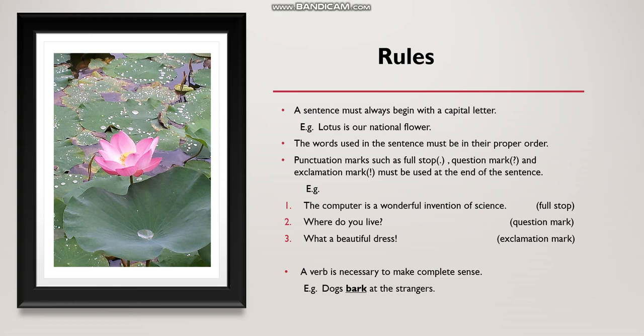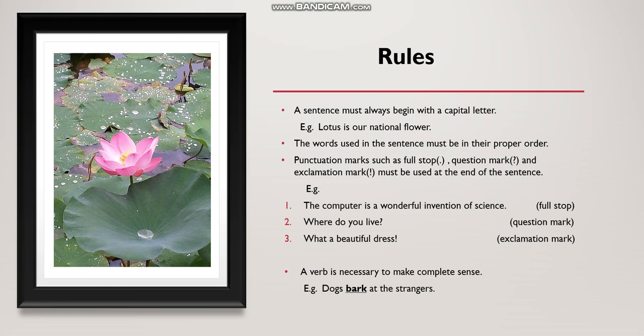Look at the first word, Lotus. It begins with a capital letter. So students, keep one thing in your mind. Whenever you write a sentence, always start it with a capital letter.